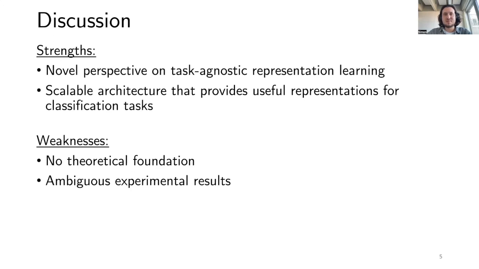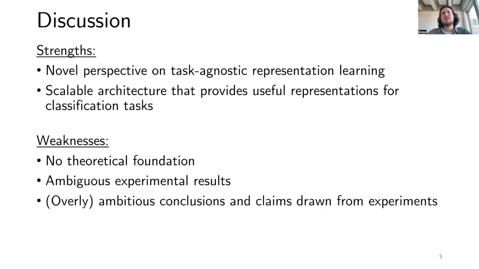I think the claims that are made, this is also a point that I have here, are, in my opinion at least, a little bit overly ambitious for what's actually going on. Like this universality claim from this transferability experiment. I think it just shows that your classifiers somehow can deal with whatever representations come out of your pre-trained model, but I don't see directly why you could claim that training on one data set gives you the correct, whatever that means, representation on another data set.